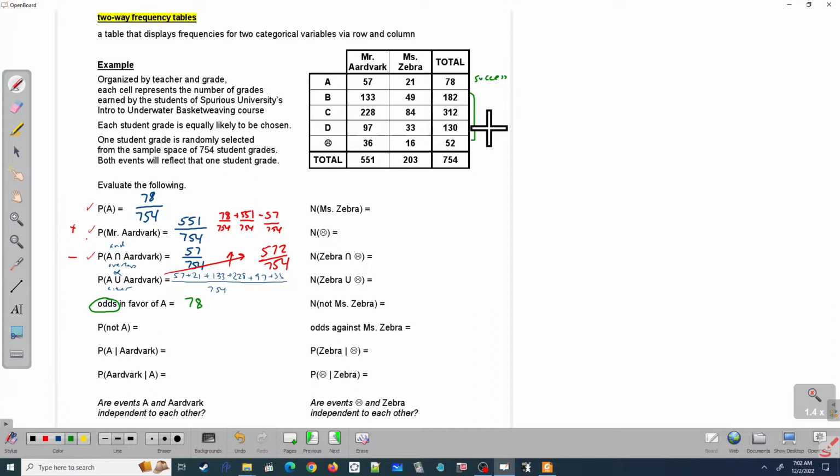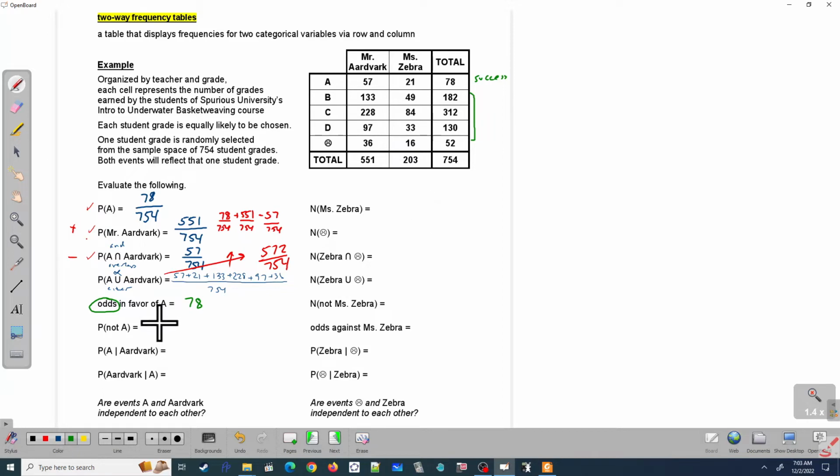And for that problem, I might actually want to do this one first, because picking not A, I could go and say, all right, well, that's 182 and 312 and 130 and 52 out of 754. You know, I could do all that.